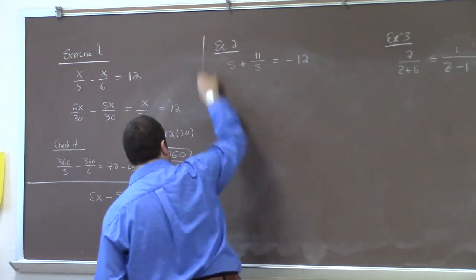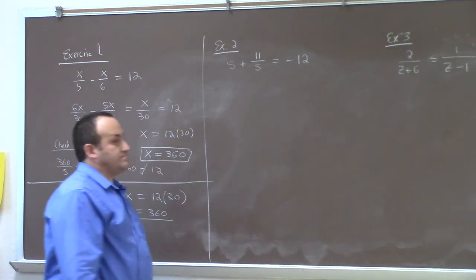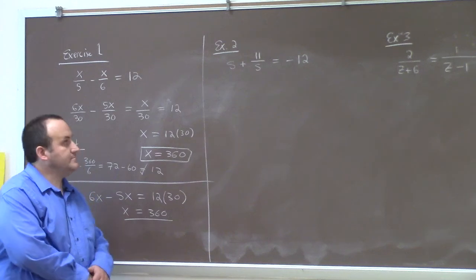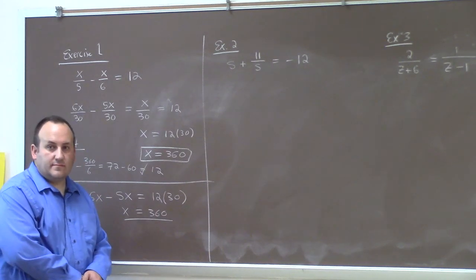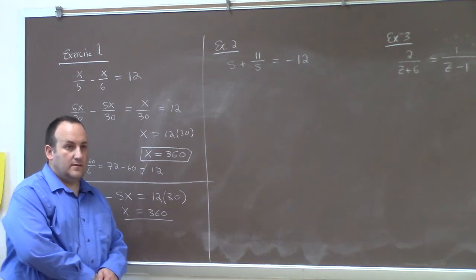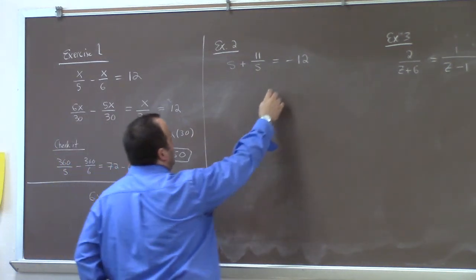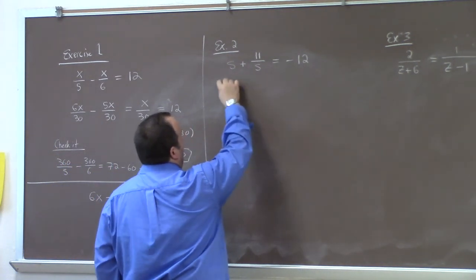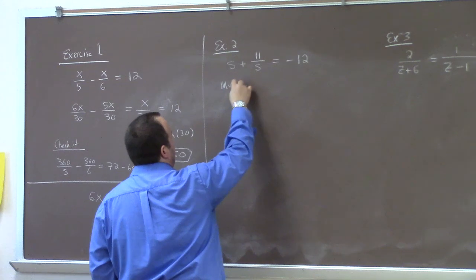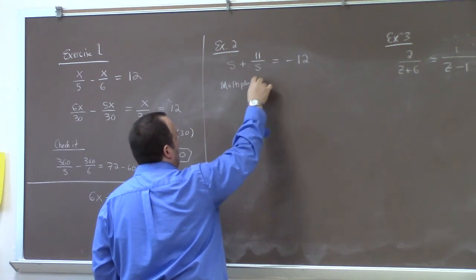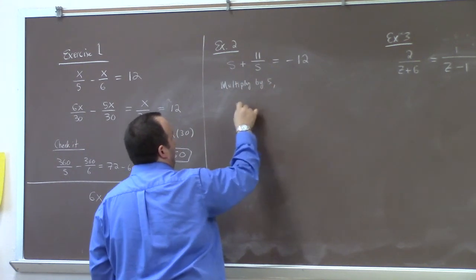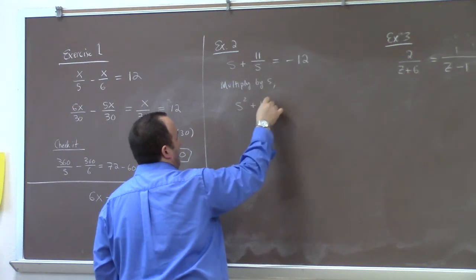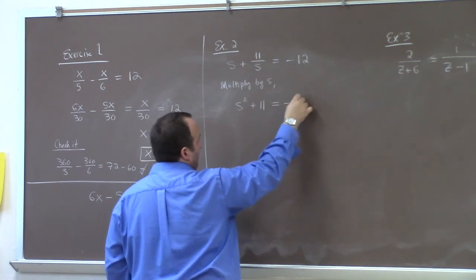How are we going to do this one? Multiply all sides by s. You put s squared. I heard a multiply by s. I like that. It'll be s squared plus 11. And then I brought the 12 over before I multiplied it by s, and did 0.